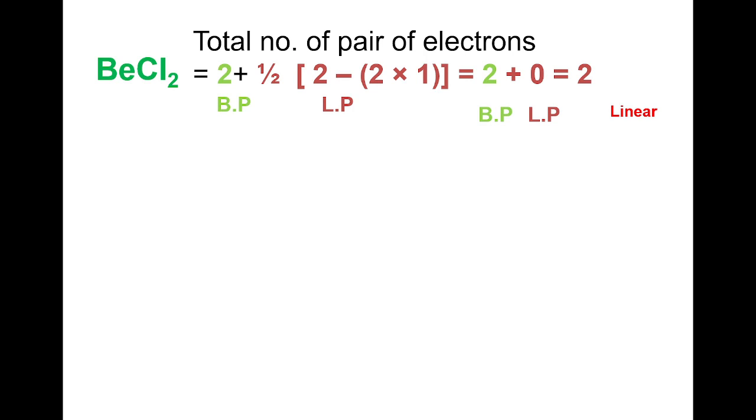So totally you will get 2 bond pairs, 0 lone pairs. The shape of the molecule will be linear. So in the table we will predict the shape of the molecule.